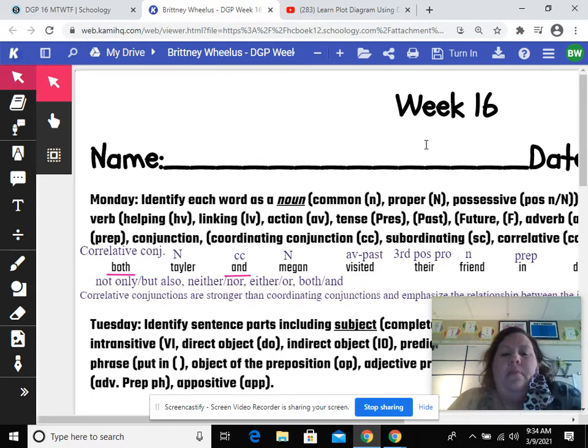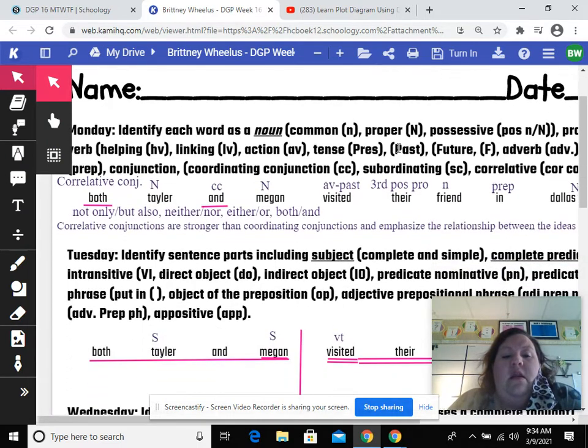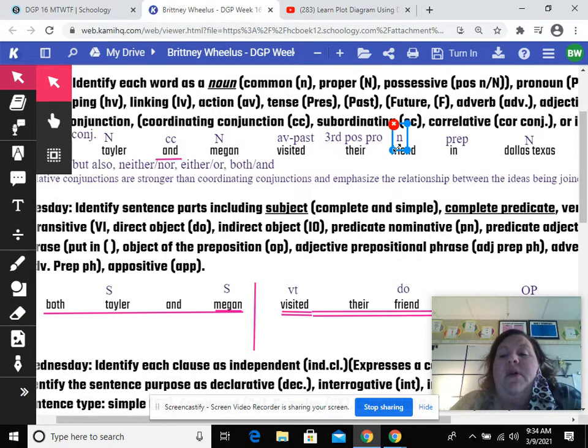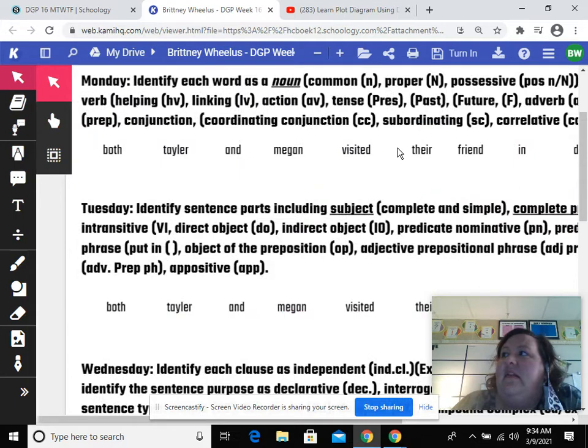Okay? You're welcome. Okay, so a correlative conjunction. I want you to type this in. All right, correlative conjunctions are stronger than coordinating conjunctions and emphasize the relationship between the ideas being joined. Okay, so I need for you to type the sentence.